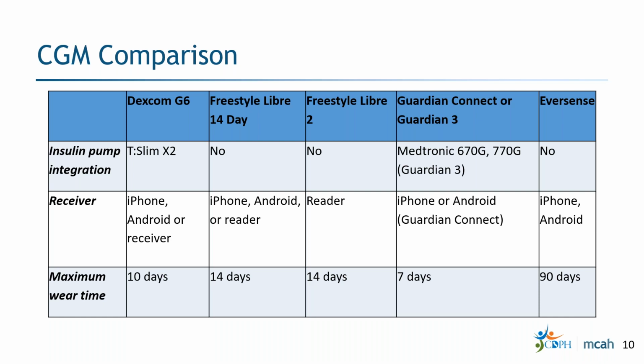So for starters, insulin pump integration. Many people are using insulin pumps, and so the Dexcom G6 is integrated with the t:slim X2. And there are two options with this pump. There is Basal-IQ, which suspends insulin if glucose is predicted to go below 80.